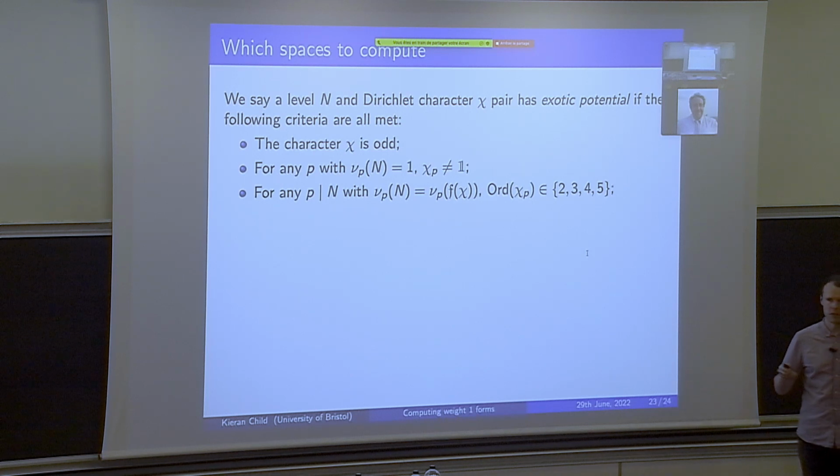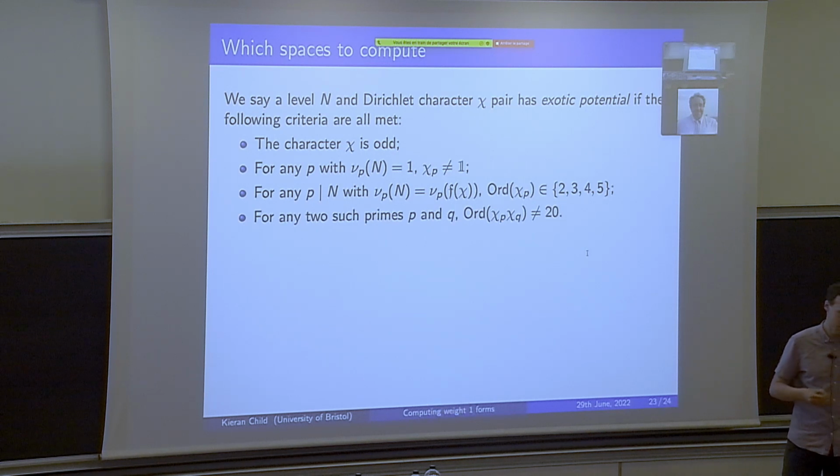This is to do with those groups, the A4, A5, S4, can only have elements with these orders. And for any 2 such primes, we want it not to be 20. That's because the 5 only appears in A5, and the 4 only appears in S4. So you can't have them both.